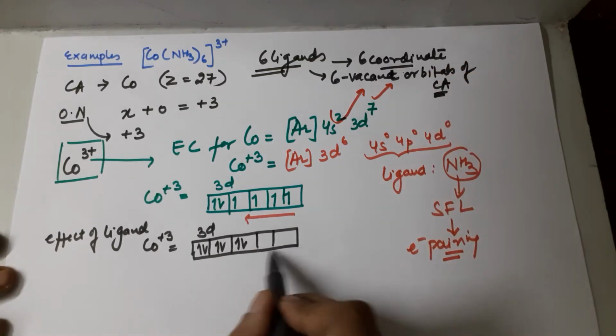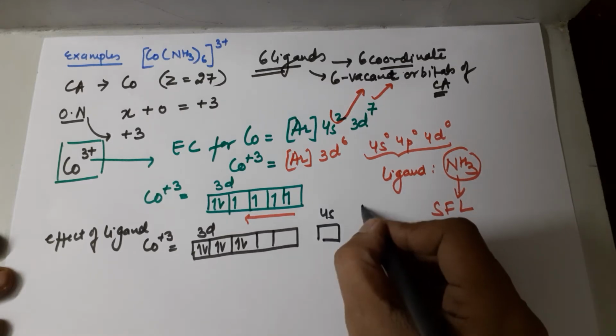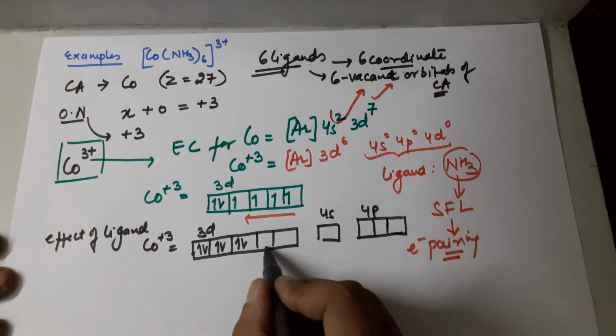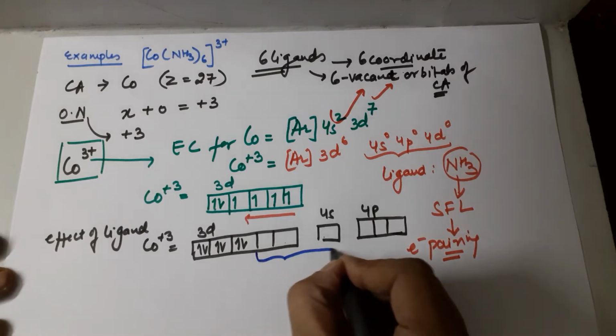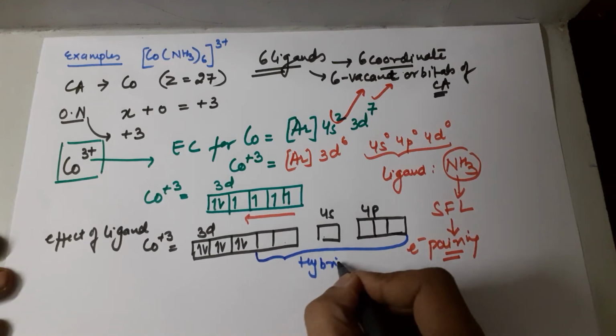Now you have 2 here, next would be 4s, 3, next would be 4p, 1, 2, 3, 4, 5 and 6. So the orbitals that you will use up for hybridization become these 6. These are to get hybridized.